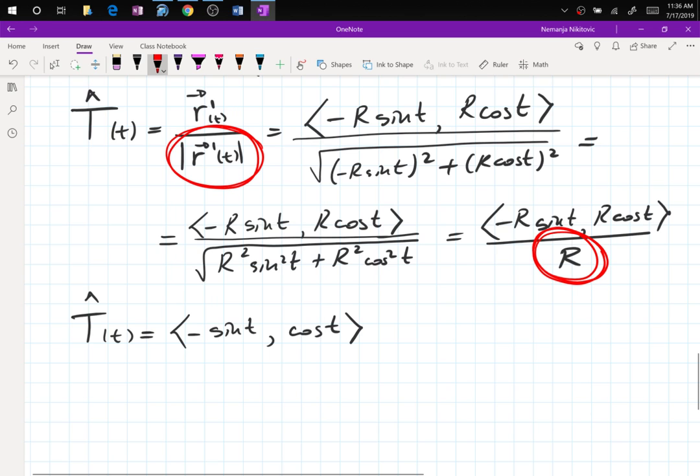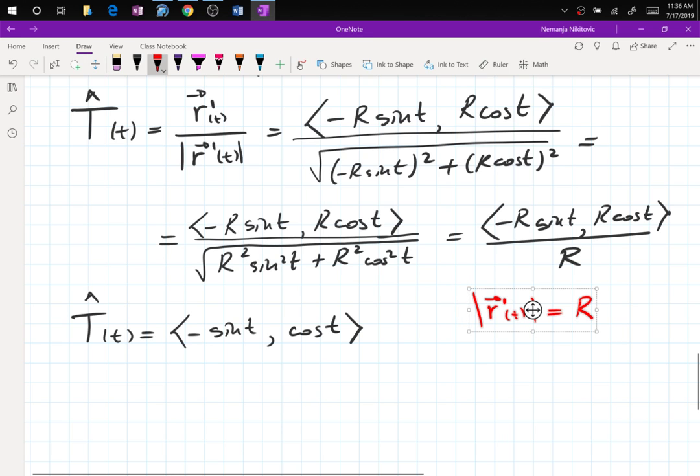So there's no need to redo the calculation, just recycle it, right? So this calculation gave you that the magnitude of r prime of t, and this goes for all of the problems obviously, is capital R. I shouldn't write this in red because that's only for this problem. Every problem has its own.